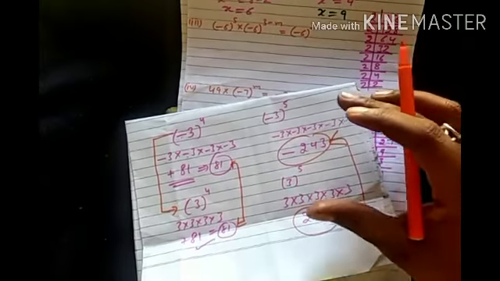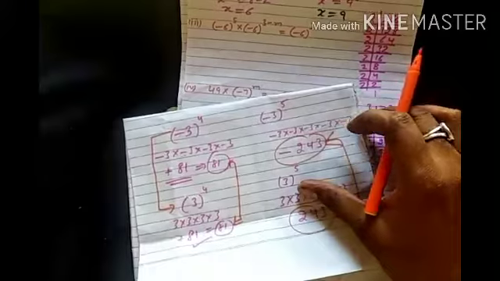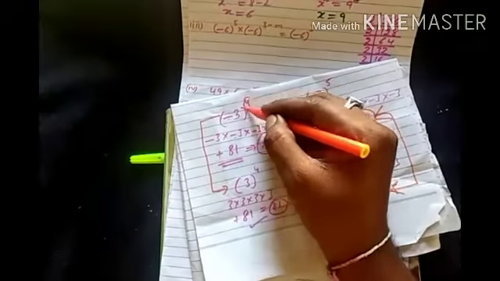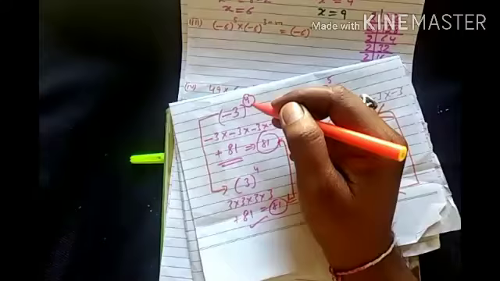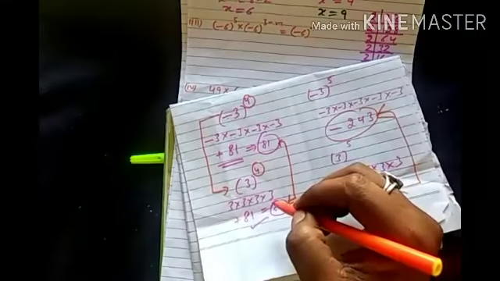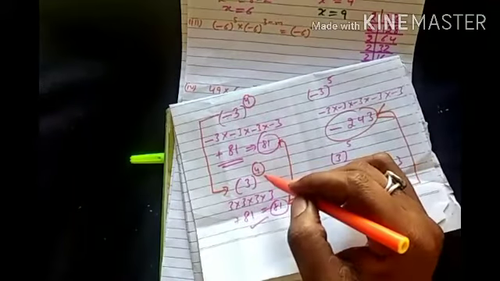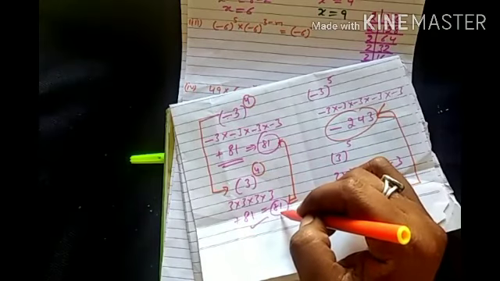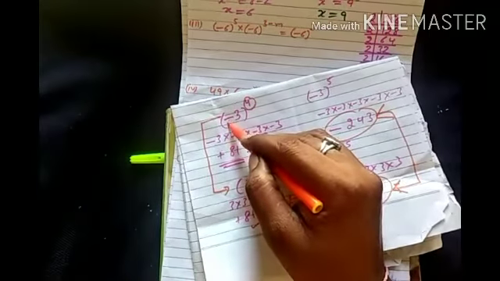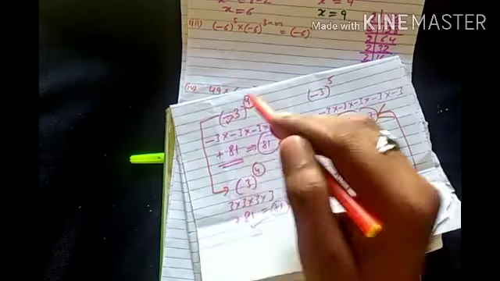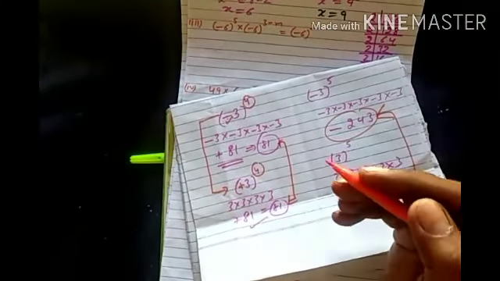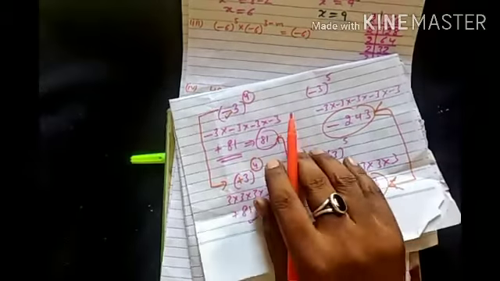If we look at this carefully, then we can deduce a result that if the power is even, then in both these cases we are observing the same answer, whether the base is negative or it is positive.